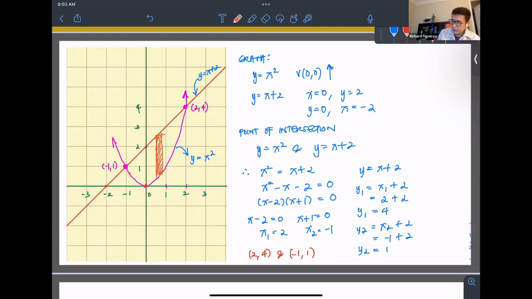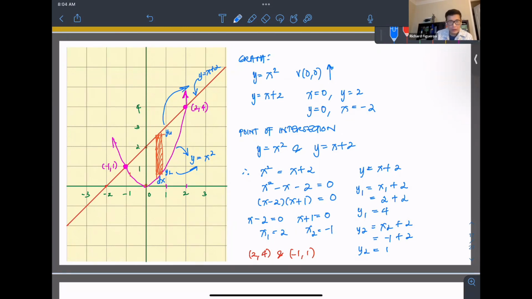For the vertical strip, this would be in terms of dx. And then the formula that we will be using, this will serve as our y upper. The y upper is the red one, and the y lower is the pink one. So y upper is the line, and y lower is the parabola. That is how to find the area.